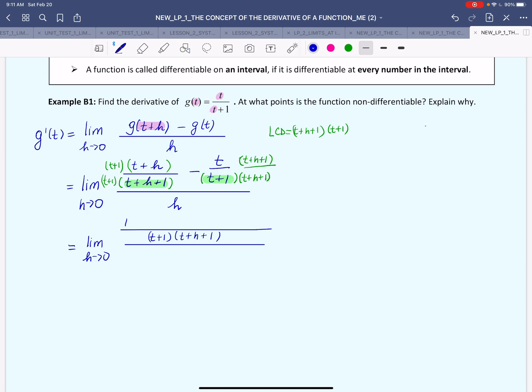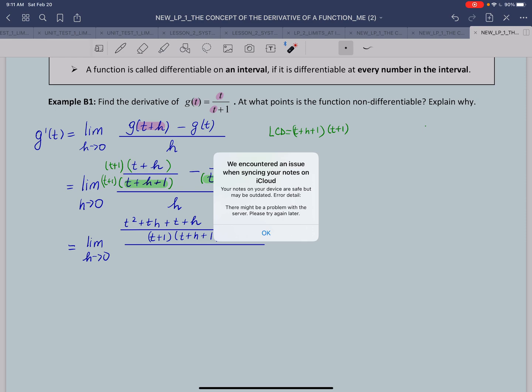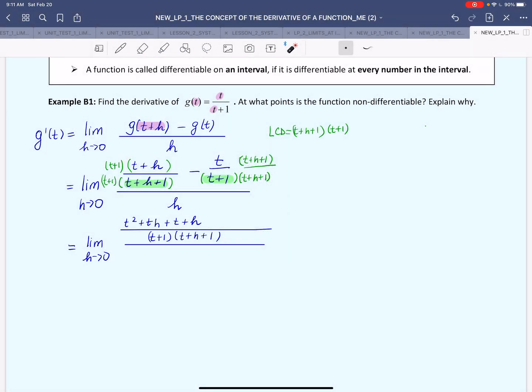So we'll have t squared plus th plus t plus h. Okay? So t squared plus th plus t plus h. And then we have minus t squared minus th plus 1.